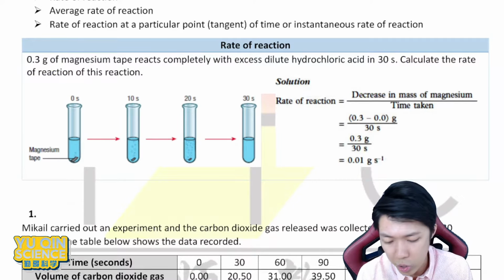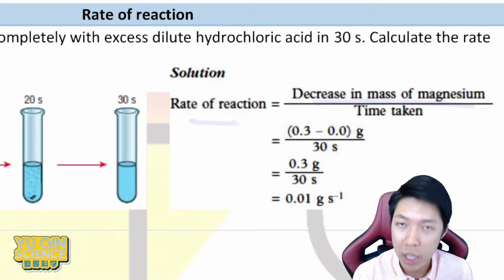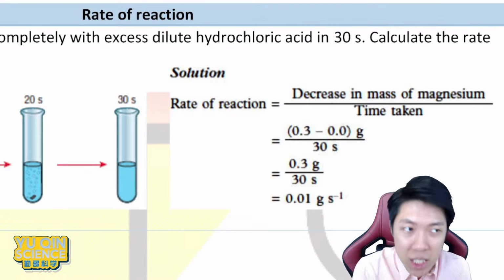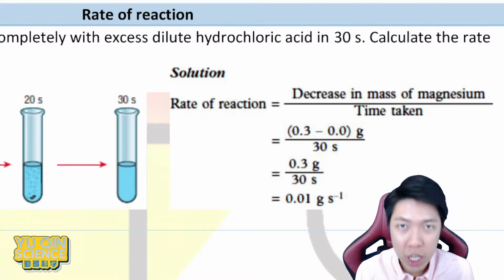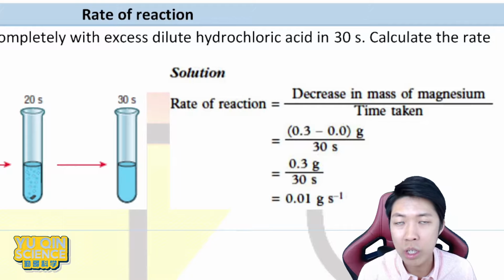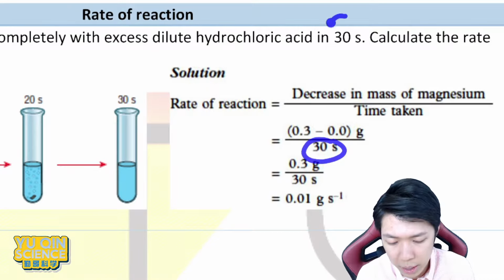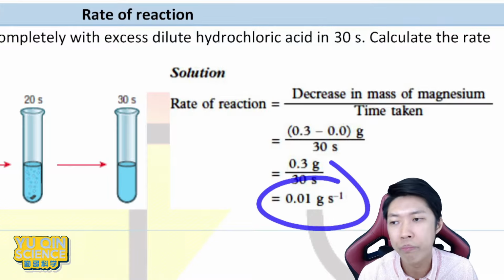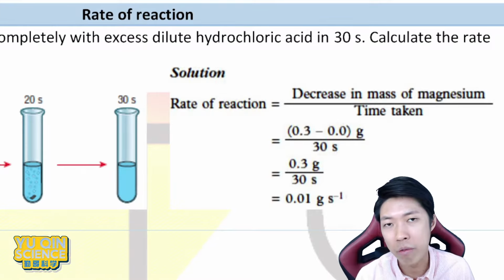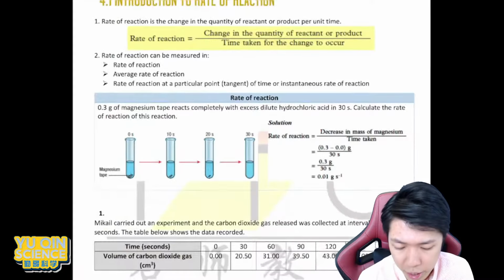Putting into your formula, rate of reaction equals the change in quantity, means before and after, the difference in between, over the whole time taken. So there you go, 0.3 minus 0 over 30 seconds. Calculator will do the job. That's 0.01 g s negative 1 when you divide, right? That's a very simple calculation, I guess.